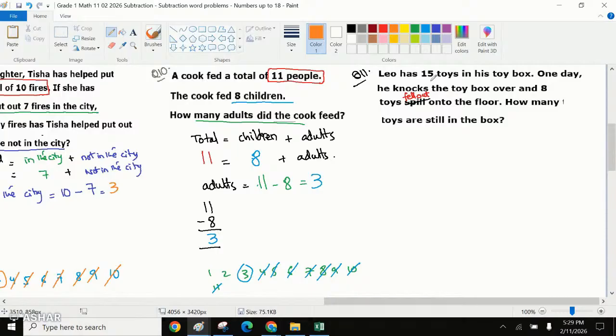So Leo had a total of 15 toys. How many fell out? 8 toys fell out. And they're asking how many are still in the box. So we can say the total was 15. We had some of them fall out of the box, or plus they stayed in the box.